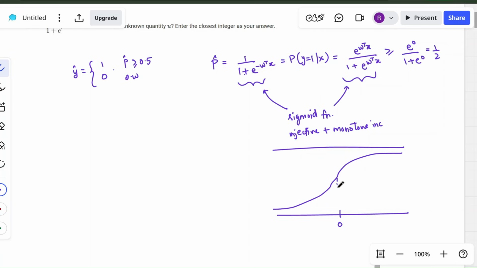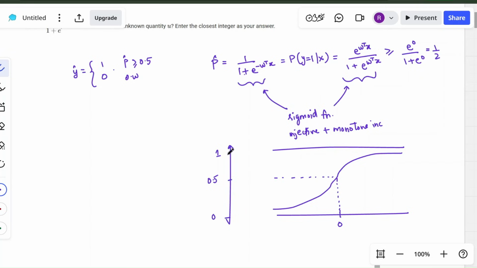At the point where you have 0, it corresponds to 0.5 on the y-axis. Let me draw the y-axis somewhere far away, because this goes on till infinity. So this is 0.5, this is my 1, and this is my 0 on the y-axis.